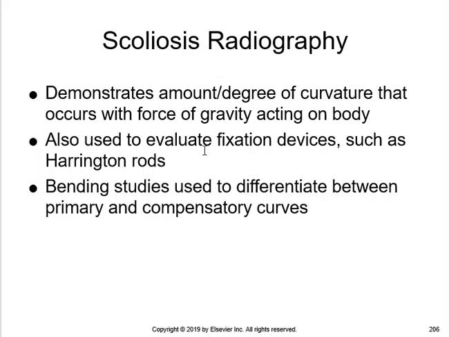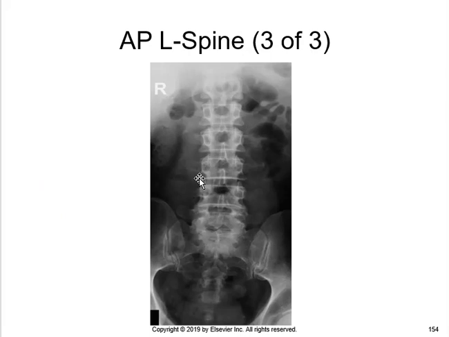And if it's bad enough, then what they can do to straighten the patient's back out is put what they call Harrington rods into the patient's back. Harrington rods are these big, long rods that attach to, let's say, the transverse processes of certain spinal vertebrae, and they go all the way up the T-spine, and attach to T-spine transverse processes somewhere else.